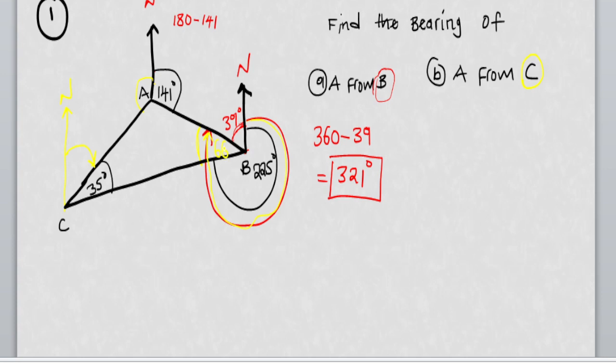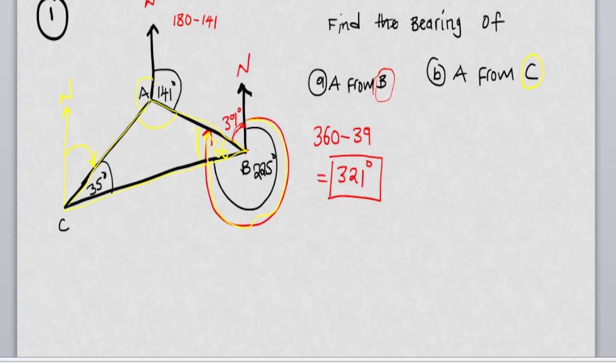Then this 66, now look at, we have a triangle here. This is a triangle. If you follow it, this side, this side, this side, and we said angles in a triangle add up to 180. So we need to find the angle here. So if we say 35 plus 66, then those two, we subtract them from 180.